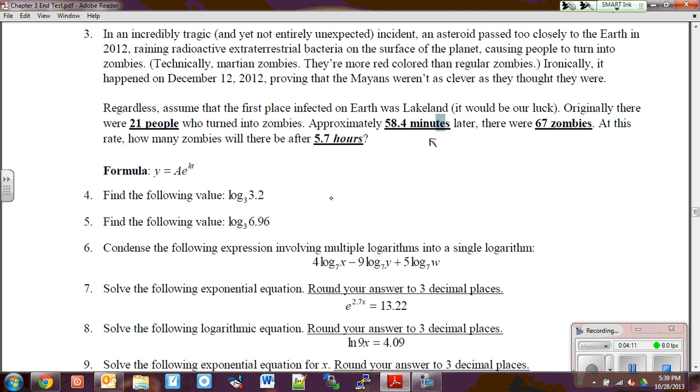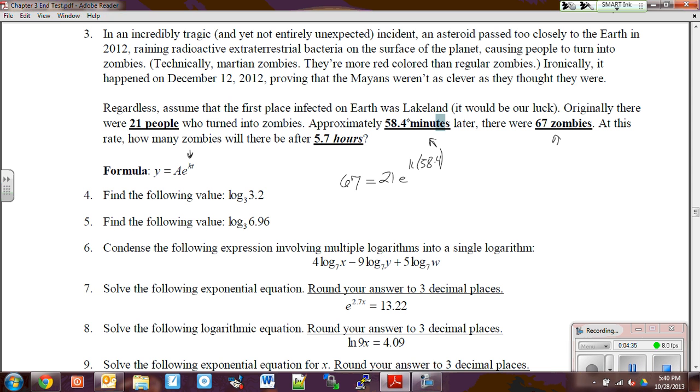So, y is going to be 67, because here we have to solve for k because we don't have the growth constant. So we have to find k. All right, so we have 21 initial zombies. All right, e raised to k, which we don't have, times 58.4, and we know that all of this is going to equal those 67 zombies.